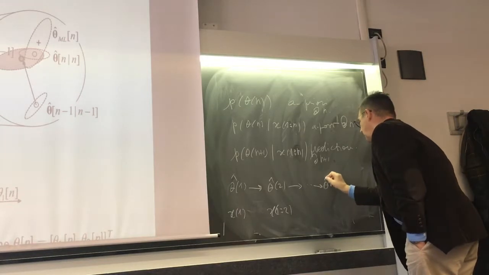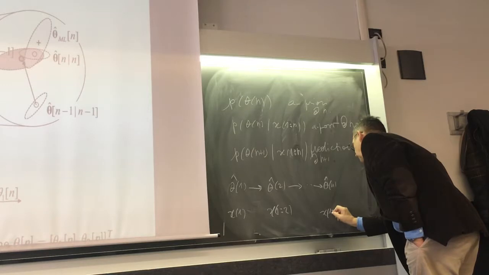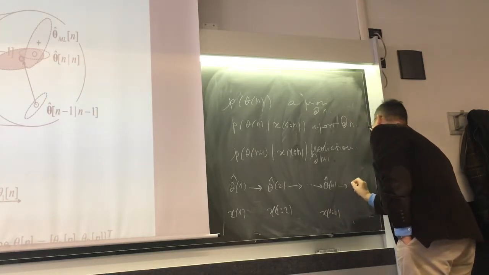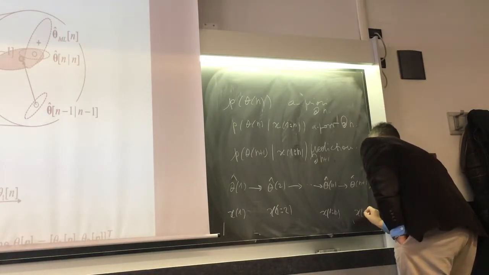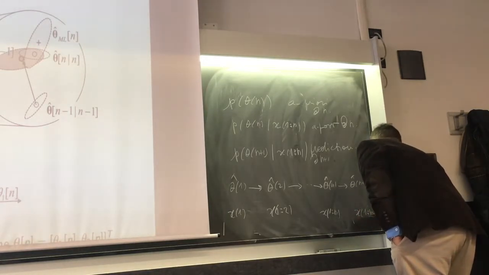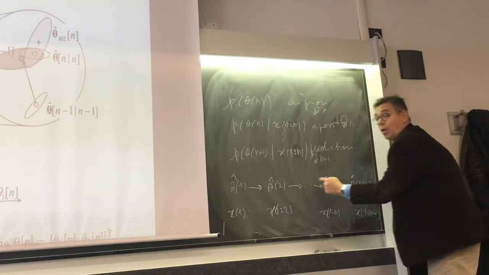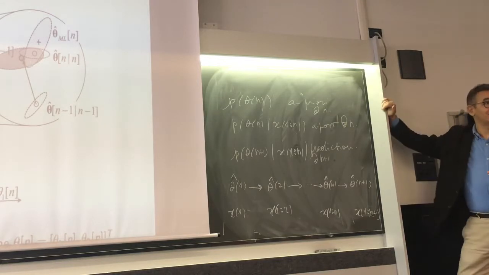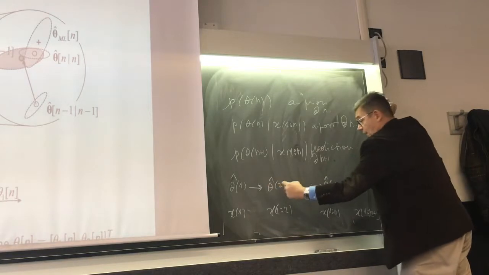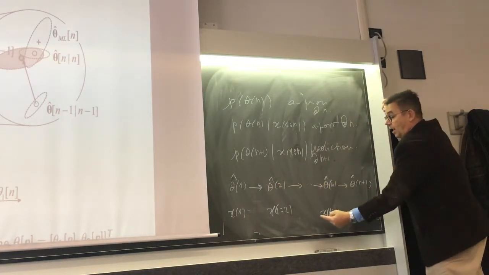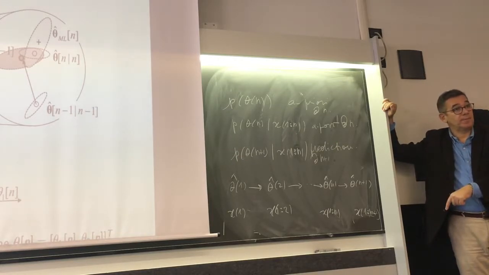Then I want to estimate theta n by using x1 to n. And I want to estimate theta n plus 1 by using x1 to n plus 1. So I'm estimating the sequence of states. That's the Bayesian tracking. The essence of Bayesian tracking is that I'm estimating the sequence of states from the collection of all the data from sample 1 to the current one.